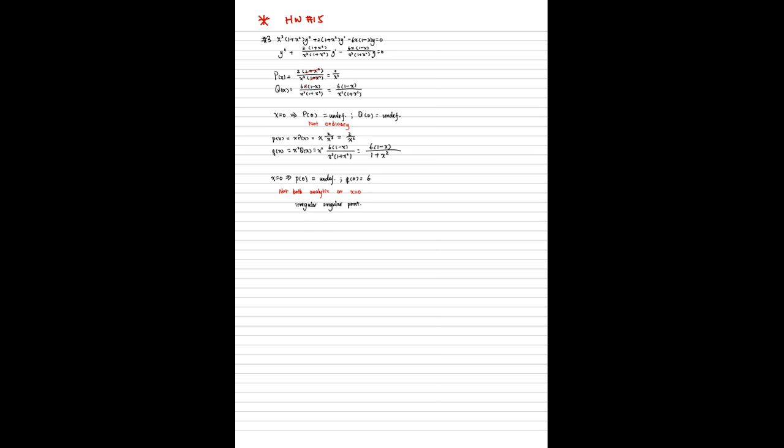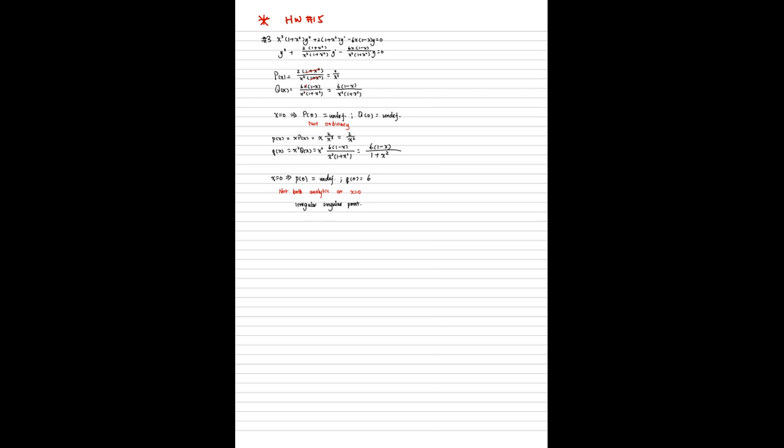And the capital Q of x is equal to 6 times (1 minus x) over x squared times (1 plus x squared). So I can plug in x equals 0. The capital P of 0 is undefined, and Q of 0 is undefined also. So they're not ordinary, since they're not analytic at x equals 0.